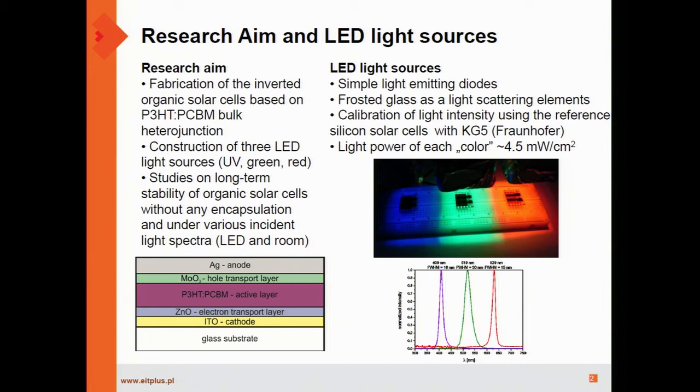Each of these light sources was calibrated using a silicon solar cell, and each of them emits light power of about 4.5 milliwatts per square centimeter. We measured the emission spectra of each light source, and from time to time we can check the light intensity of these light sources.